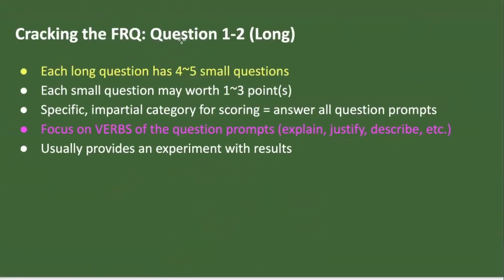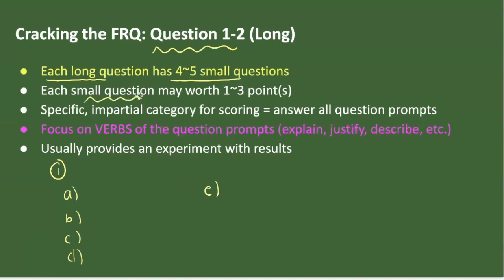So you see for long questions, questions 1 and 2, each long question has 4 to 5 small questions. So let's say this is question 1. You see part A, part B, part C, part D, and part E. And each small question may worth 1 to 3 points. So let's say part A might worth 2, this might worth 3, 2, 2, 3.